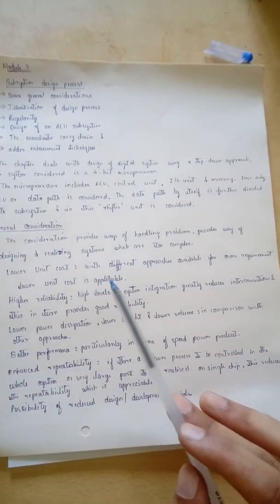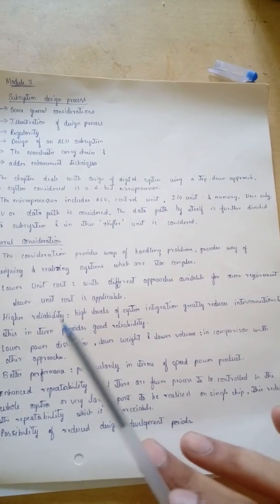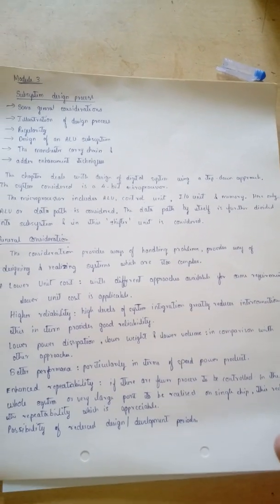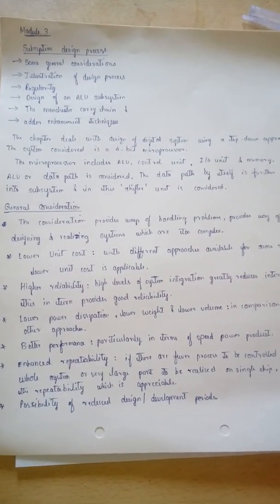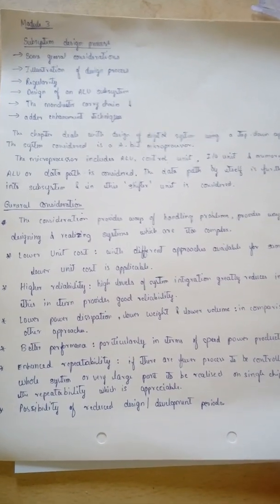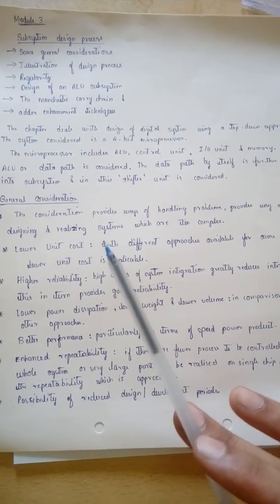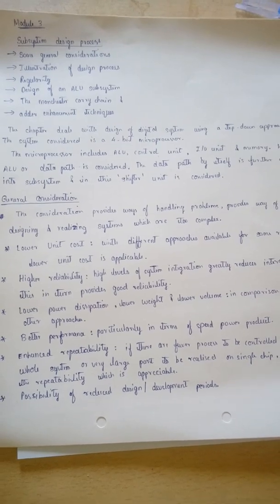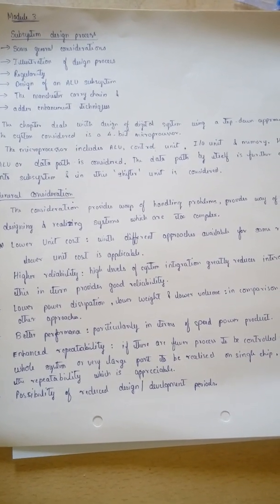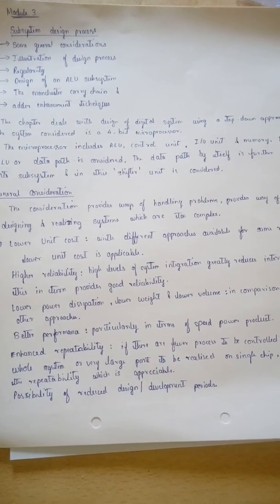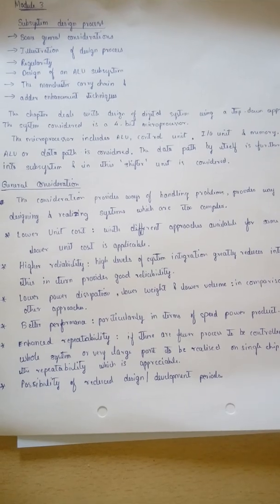Lower unit cost means that with different approaches available for the same requirement, lower unit cost is applicable. Whenever you are doing any design, the cost should be as low as possible. If you design anything, whichever design is possible, it should need the least cost, whichever is affordable; the cost should be as minimum as possible.